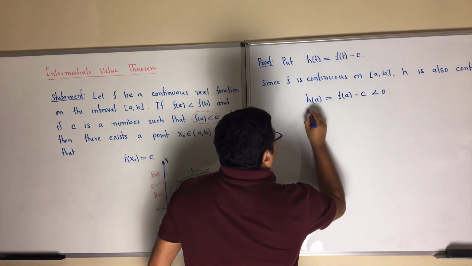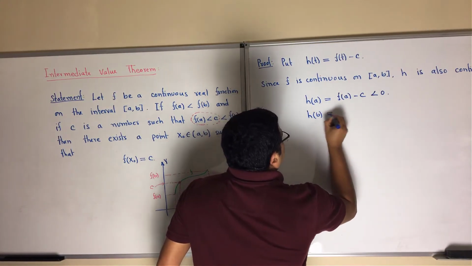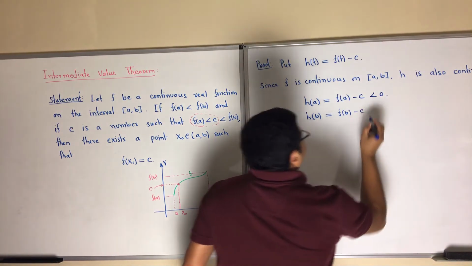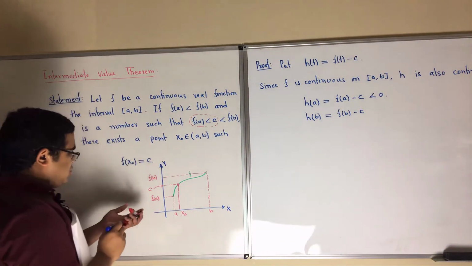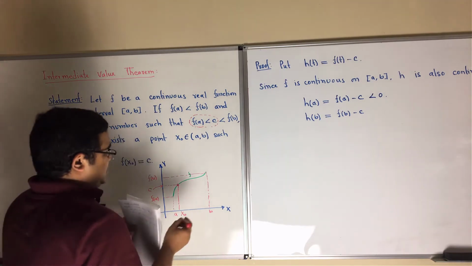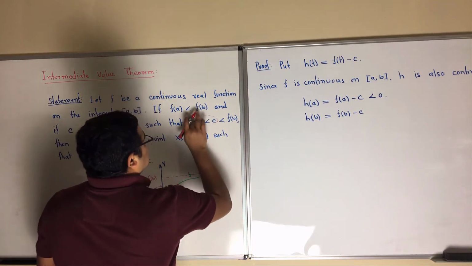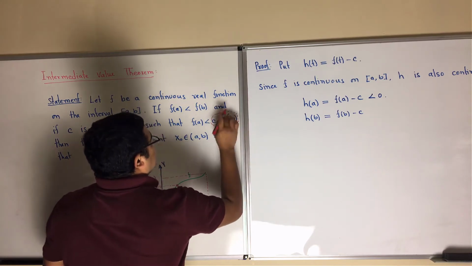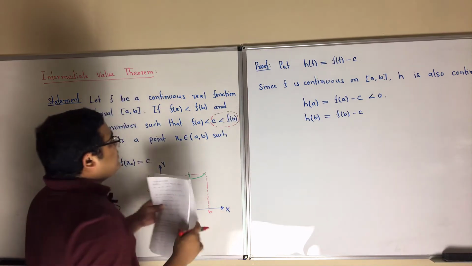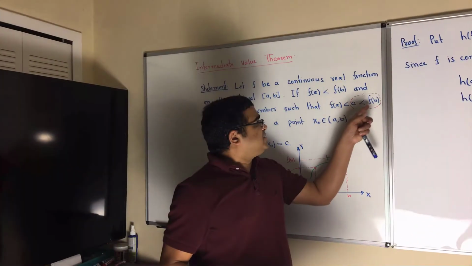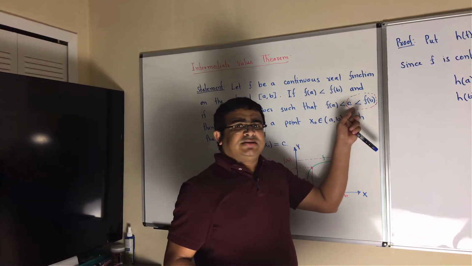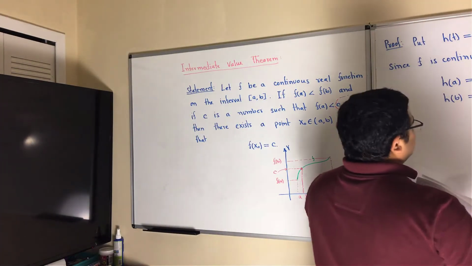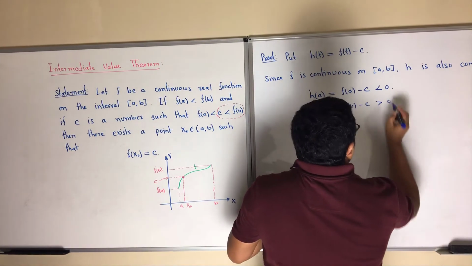If you plug t equals b, then h of b would be f of b minus c. Here f of b is more than c, that means f of b minus c is more than 0.